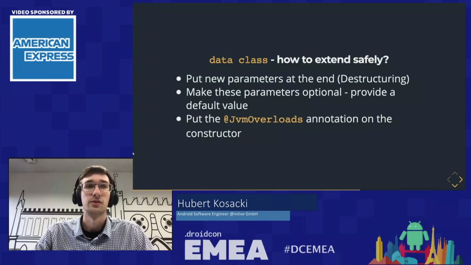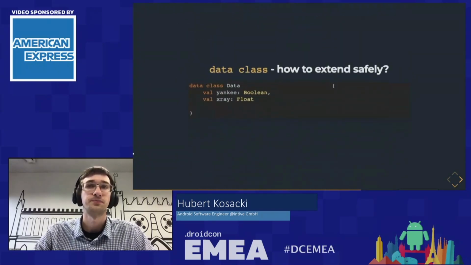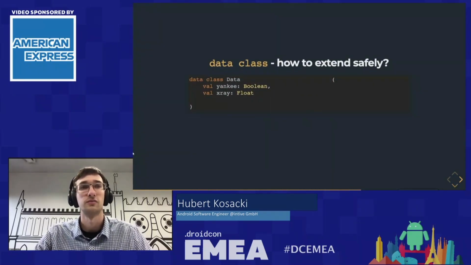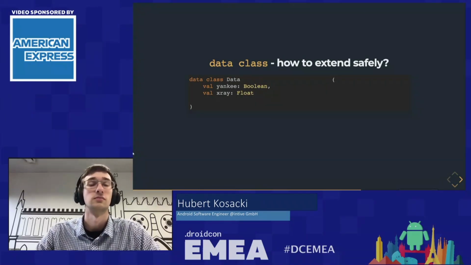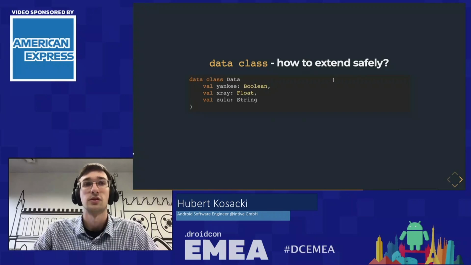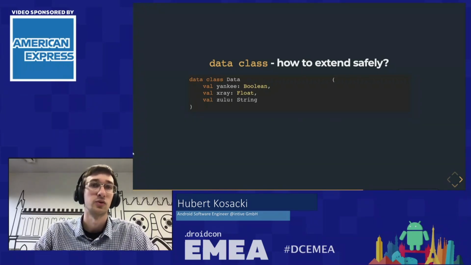So let's have a closer look at how it looks in practice. Let's assume we have the following data class that takes two parameters. The first thing I mentioned before is to put the new parameters at the end of the list. So basically, this is how it looks. I have put a comma and a next value at the end of the list. Then I said we need to remember to make this value optional.